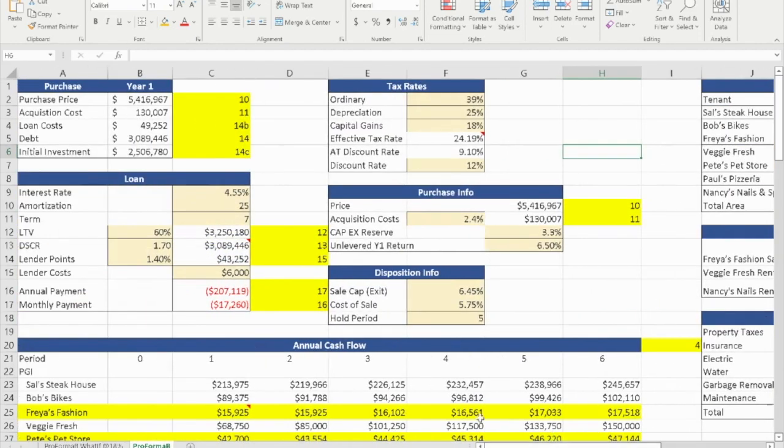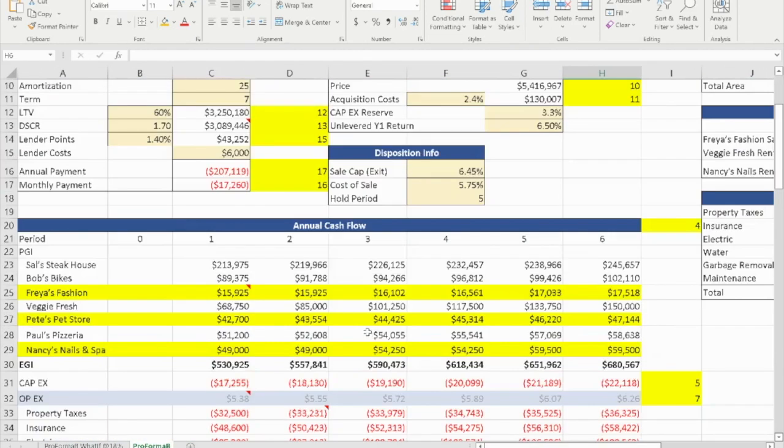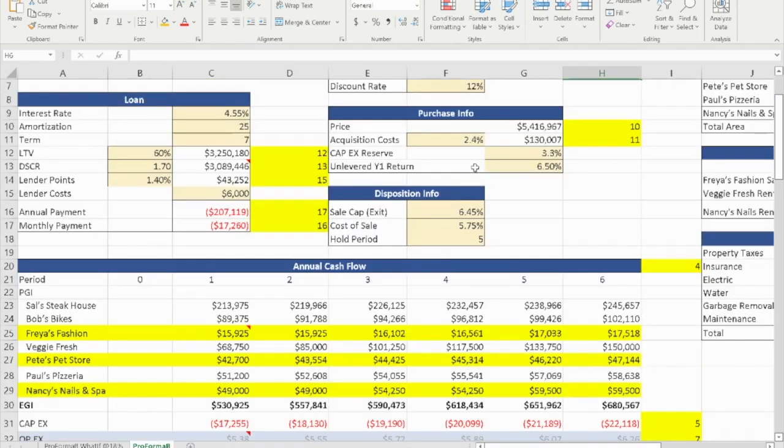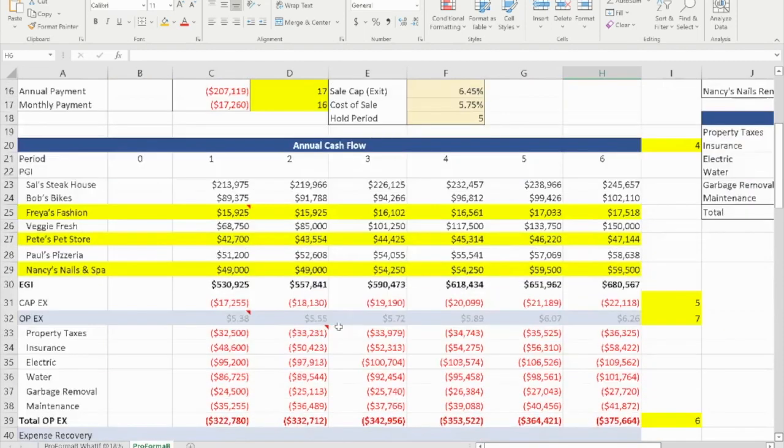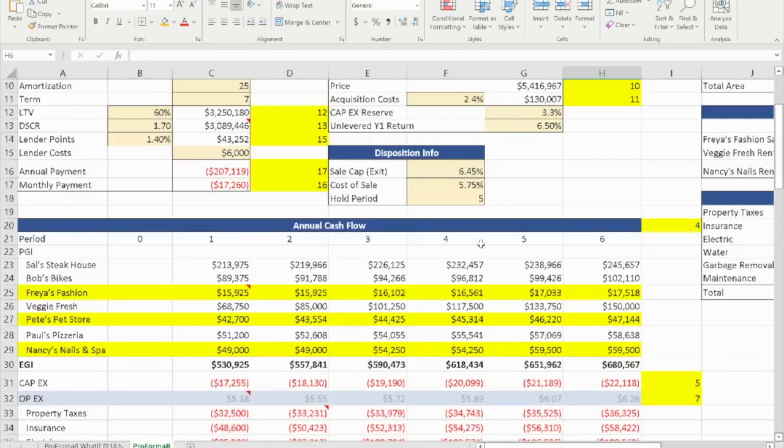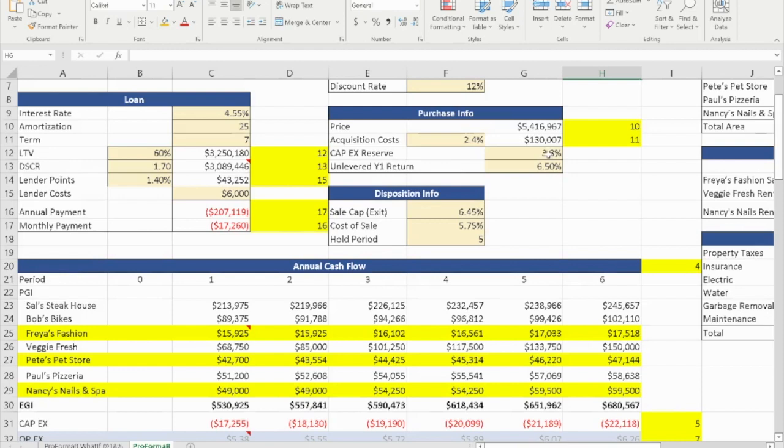We also began the annual cash flow, which we needed in order to come up with the price for the property. Since we were not given the price, we had to calculate the NOI in order to use the cap rate for unlevered year one return to get the purchase price of the property.